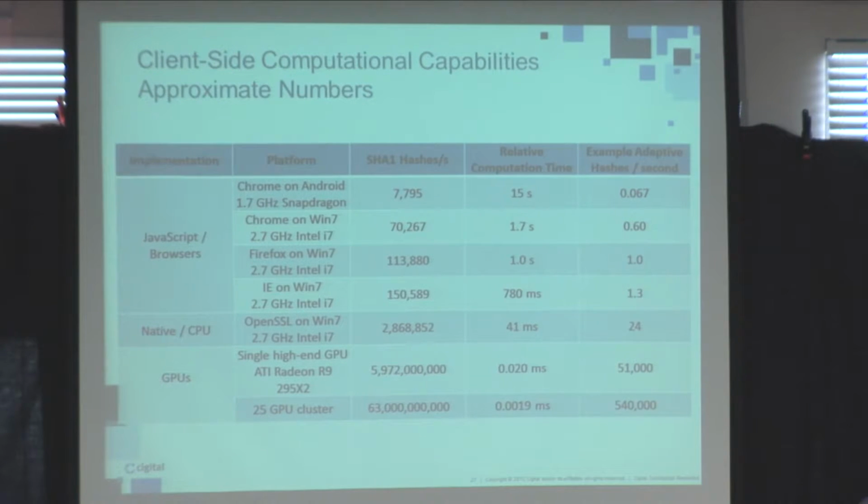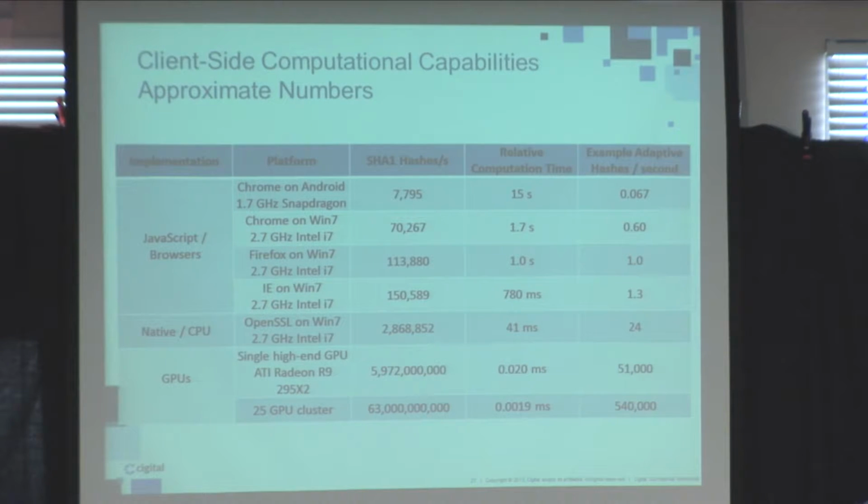It means about a 15-second delay for a relatively modern mobile phone. If you're supporting mobile users, that could be a problem. However, how much are you slowing down the attacker really? If the attacker has some specialized hardware, he can compute up to 540,000 of these every second.